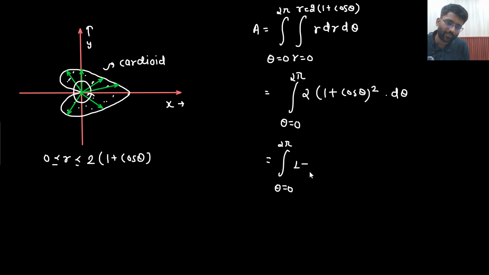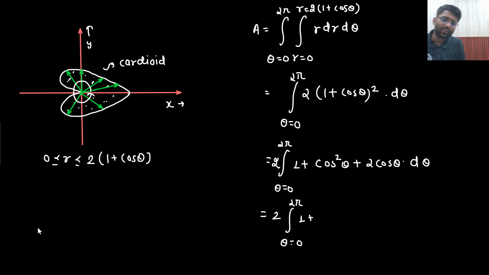When you open it up, 2 I can take outside, 1 plus cos square theta plus 2 cos theta d theta. So 2 is outside, theta going from 0 to 2 pi, 1 plus, what is cos square theta?